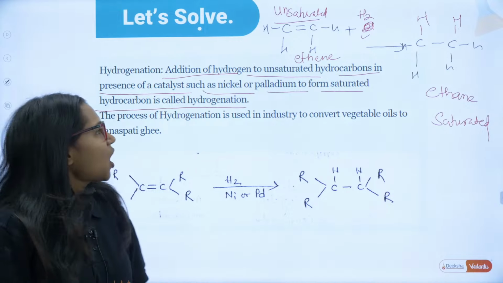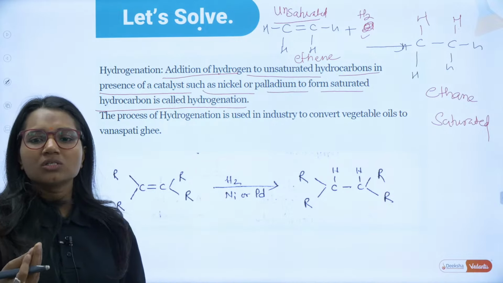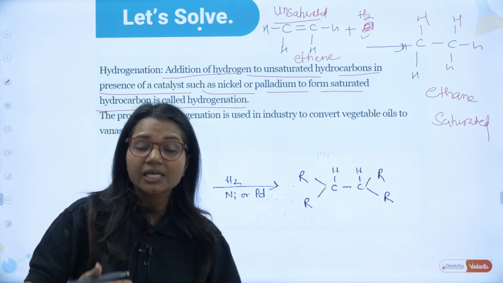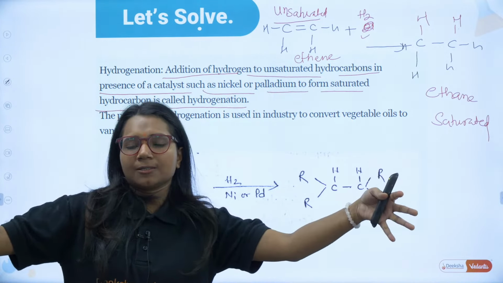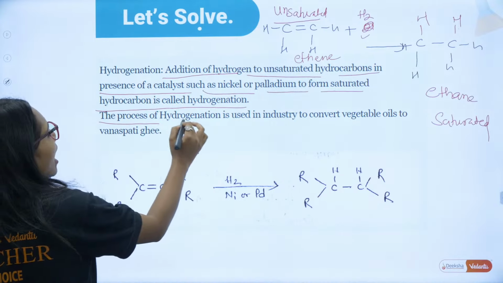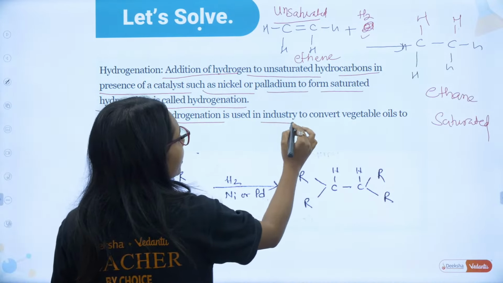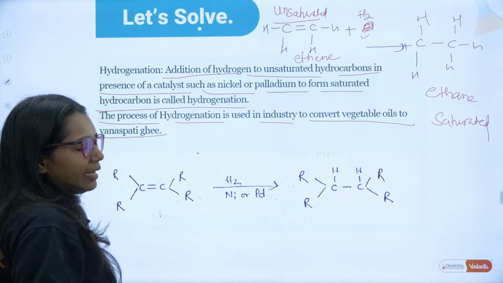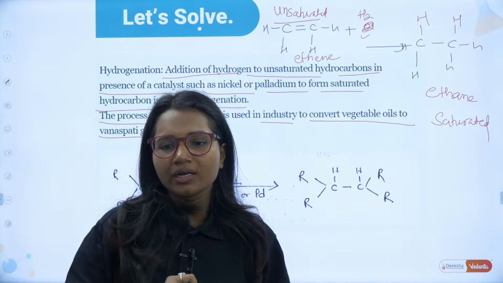Okay, so what is the industrial use? What is the meaning of industrial use? Like where we use this process on the larger bulk for the larger preparation. So, the process of hydrogenation is used in industry to convert vegetable oil to vanaspati ghee. This is very, very important.